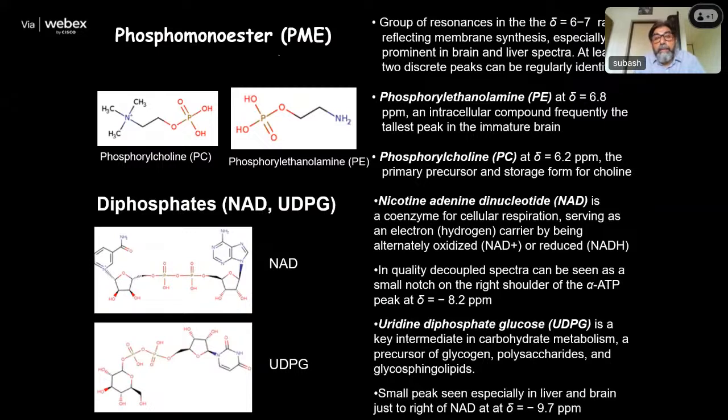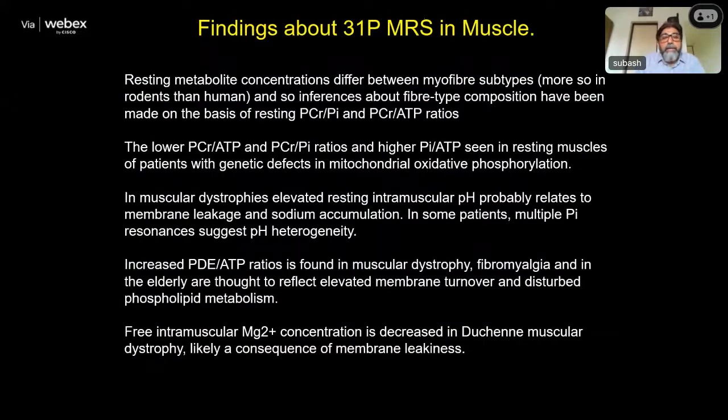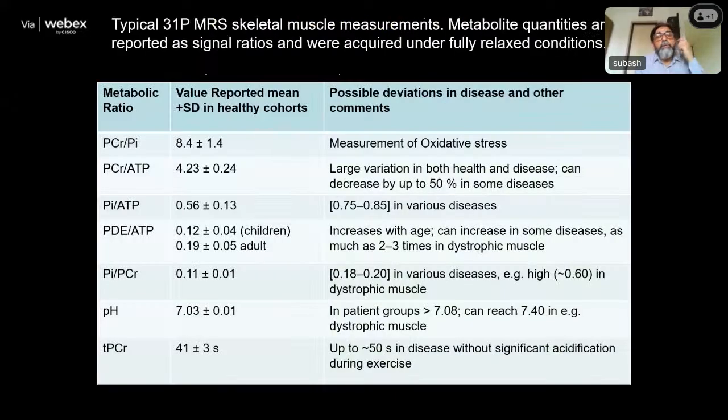So these are some of the metabolites which are visualized in phosphorus spectra, and what their roles are has been mentioned here. Most of the studies using 31P have been done either in muscle or in brain, and sometimes in monitoring tumor therapy. It was used for treatment response in tumor therapy.